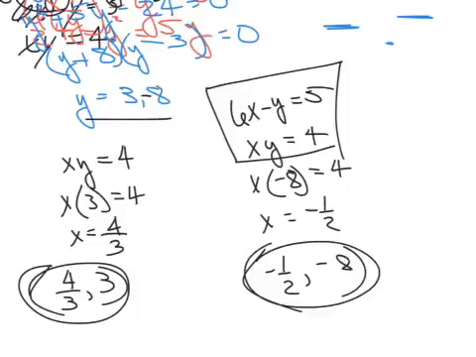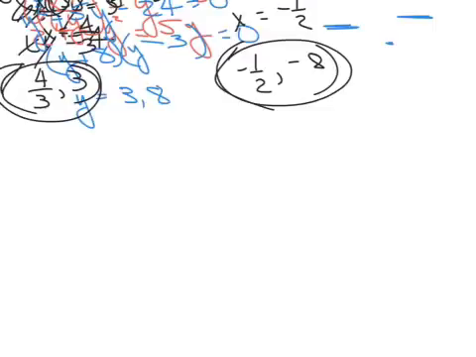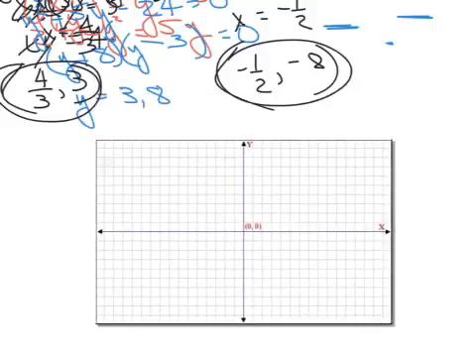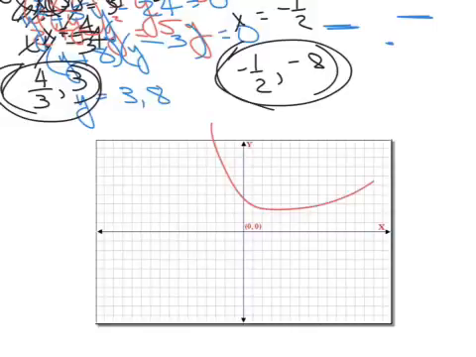So really, what this looks like, just so you have an idea of what we're looking at here, is, let me get a graph here. Graphs are always helpful. I've got a graph that kind of looks like that, and kind of looks like that, and then I've got a line that goes like that.